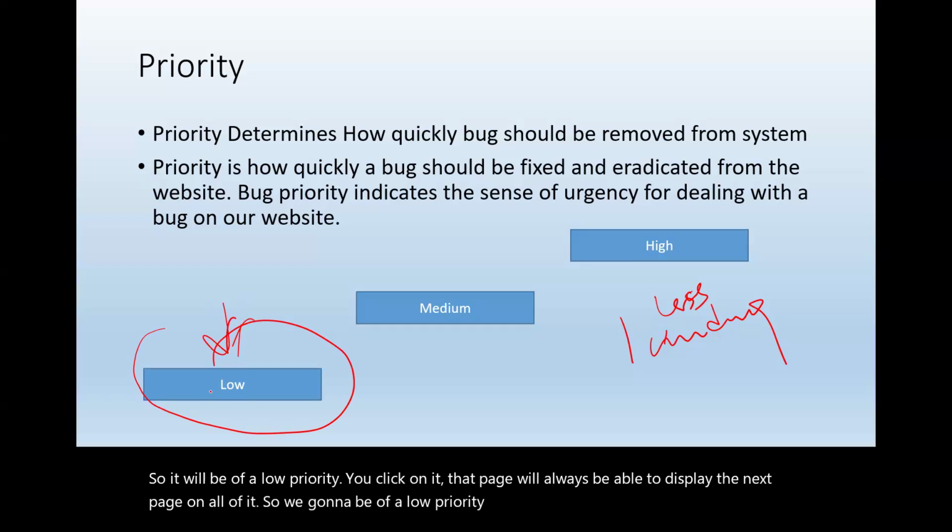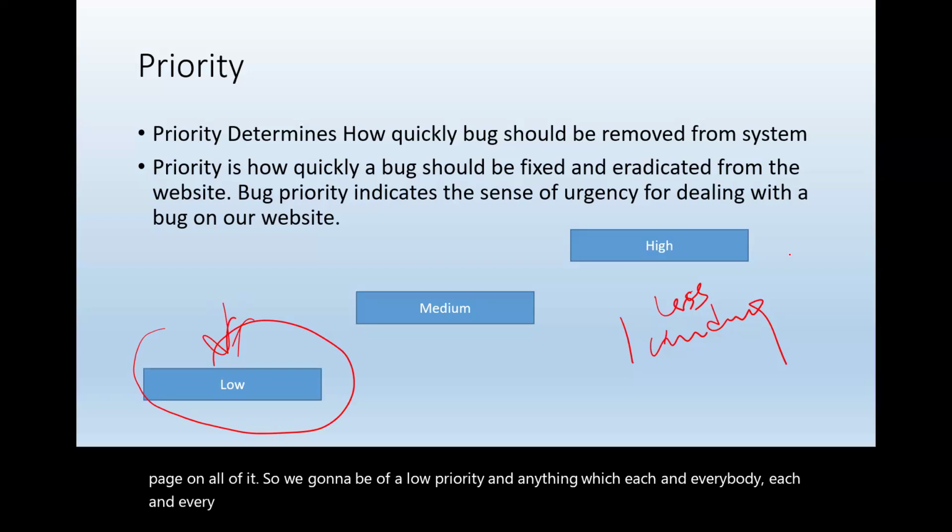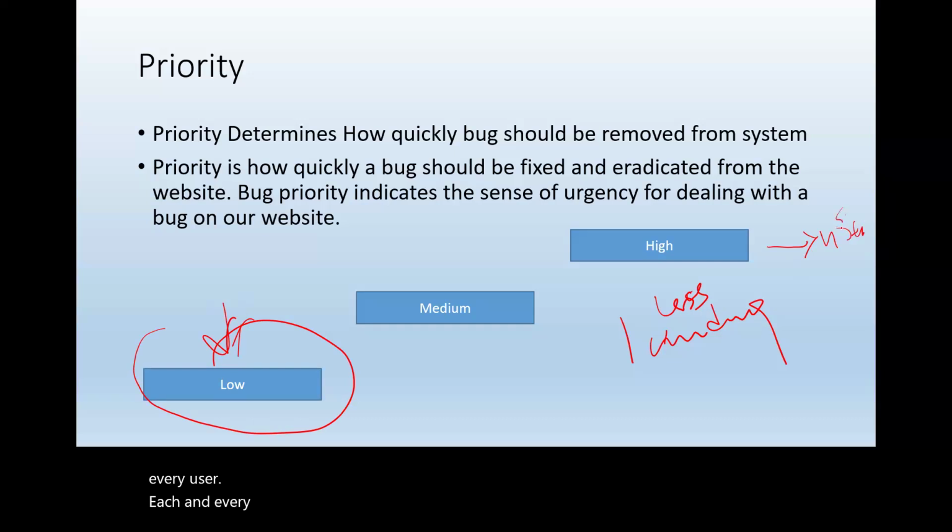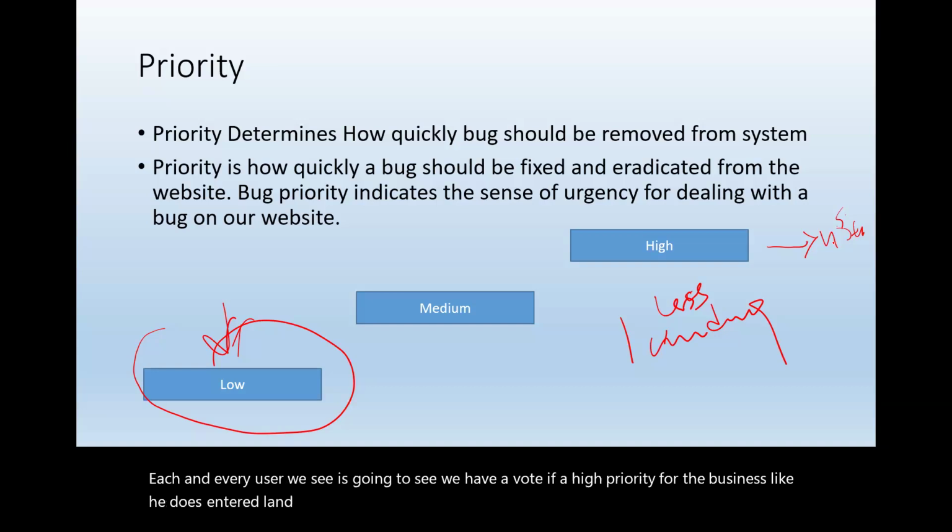And anything which each and every user is going to see, we have a high priority for the business. Like you just enter landing on that page, uta.com, chasebank.com. What you see is that logo to identify Bank of America, identify Chase Bank.